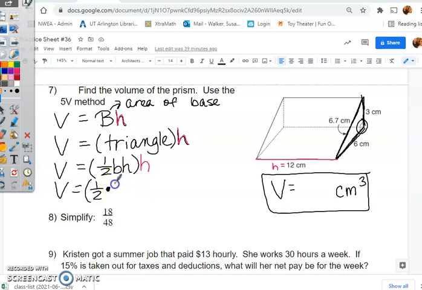So base is 6, height is 3, okay? Now remember, this outside H is the one that connects the two triangles. That is the height of the prism. You have to kind of think of the prism sitting on the triangle instead of on one of the rectangles. So that is 12. Your job is to solve that. My suggestion, try to solve this in one step and then multiply by 12. And put that answer right there.